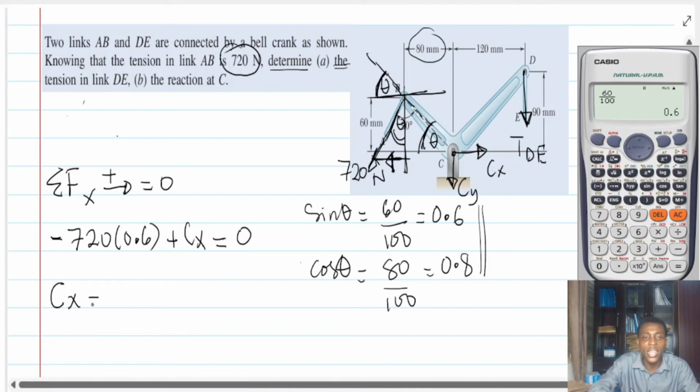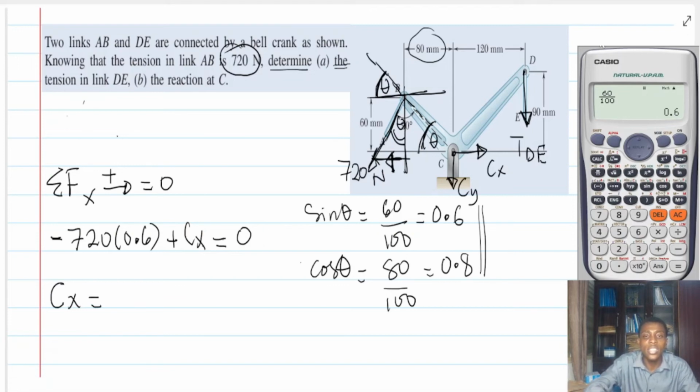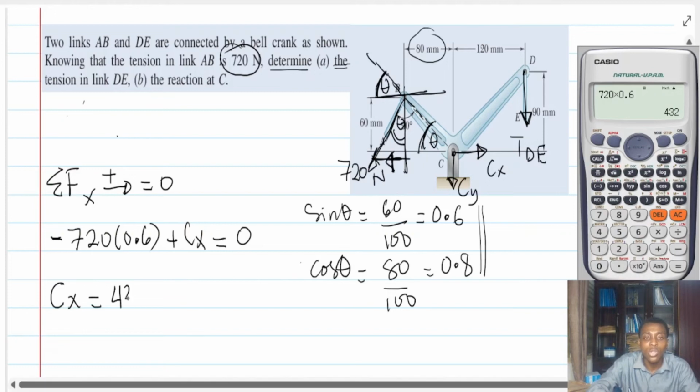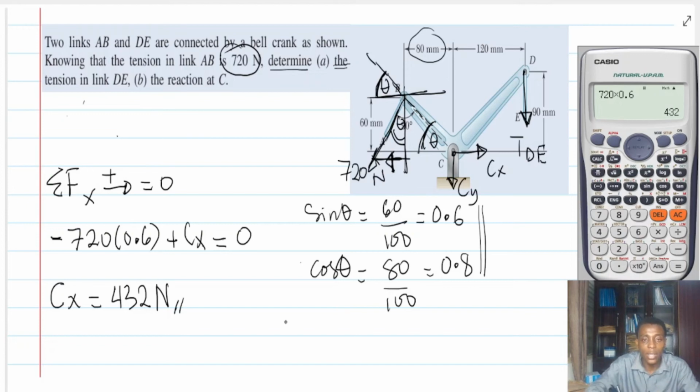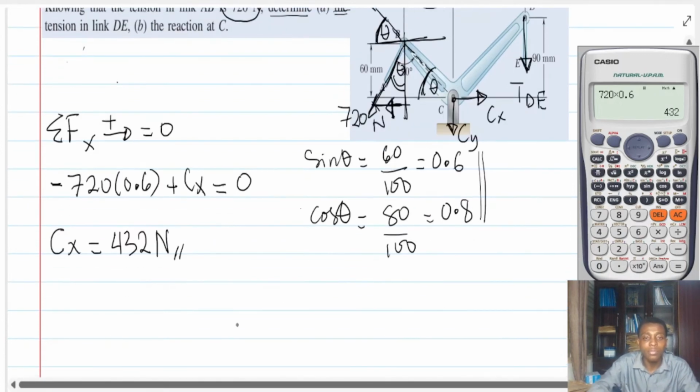Equating this to this, then I can say that my Cx is nothing but 720 multiplied by 0.6. What do I get for that? 432. So Cx is 432 newtons. That is Cx for you. How about Cy? Okay, so let's sum forces along the y.